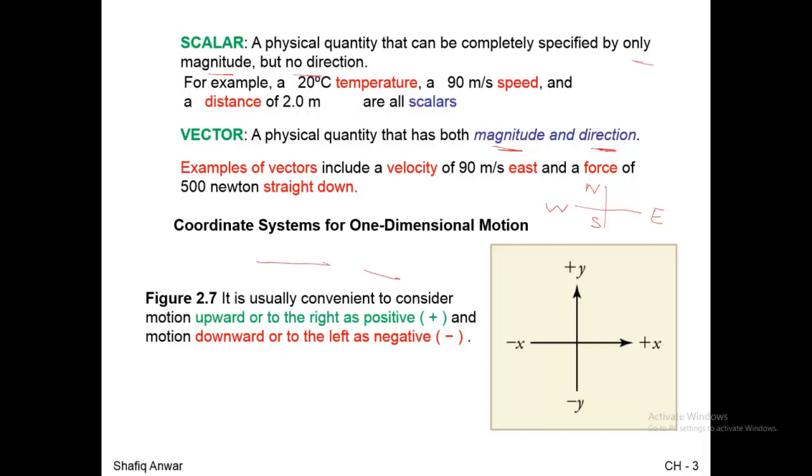For example, this is the x-axis and this is a vector, how much angle it is making with the x-axis. So we use degrees, angles also, to show the direction. We use positive x, negative x, positive y, negative y, or east, west, north, south. So we do use different methods.